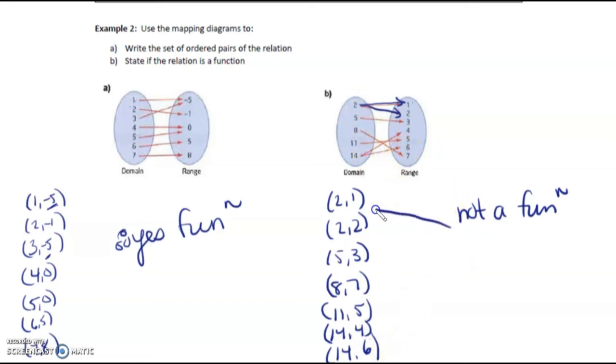So it's not a function because of the 2's and because of the 14's. It wouldn't pass the vertical line test here. So every independent variable doesn't map to only one dependent variable. The 2 maps to 2 and the 14 maps to 2 as well.